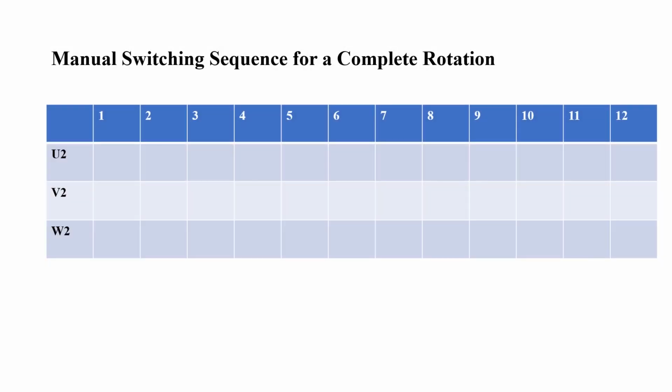You are required to fill this table using ones and zeros to indicate the manual switching sequence observed just now. Please add this to your observation sheet.